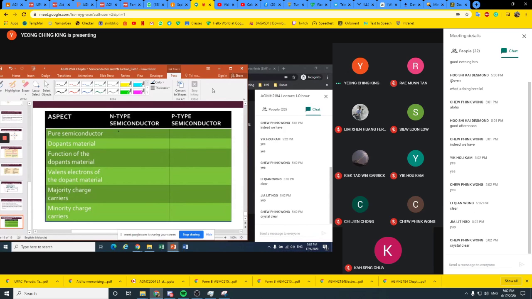Haven't done it. So let's try together. So we will have this comparison between the N-type semiconductor and the P-type semiconductor. So first, are these two types of semiconductor pure semiconductors?